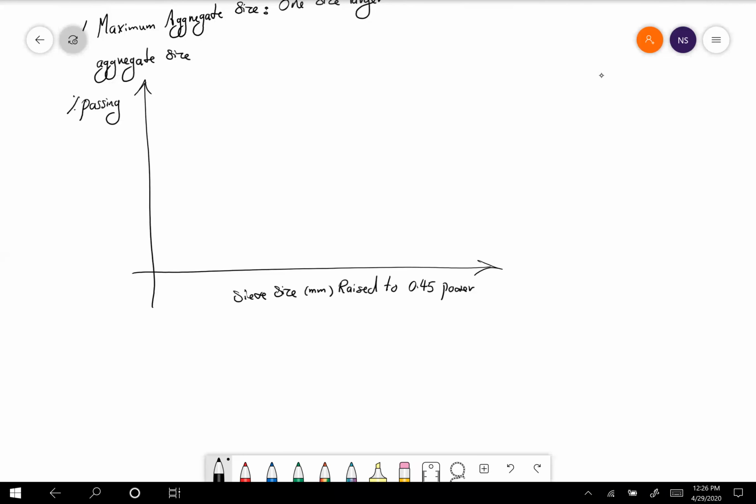And when you do that, you should be able to get a straight line like this.